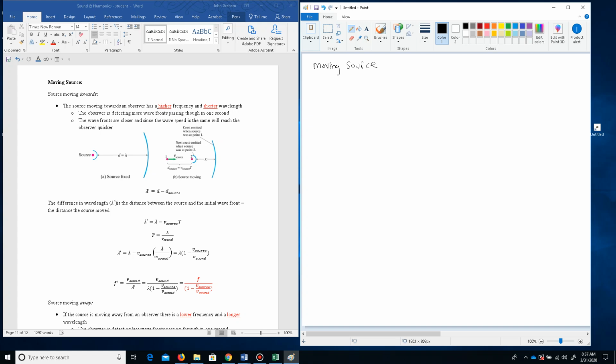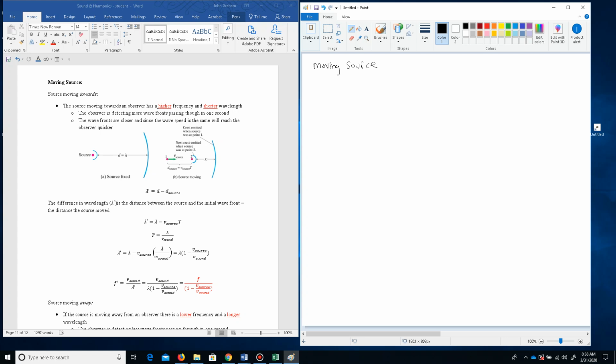If I solve for the time, it's just the wavelength divided by the velocity of the sound, the time it takes for the sound to move one wavelength.